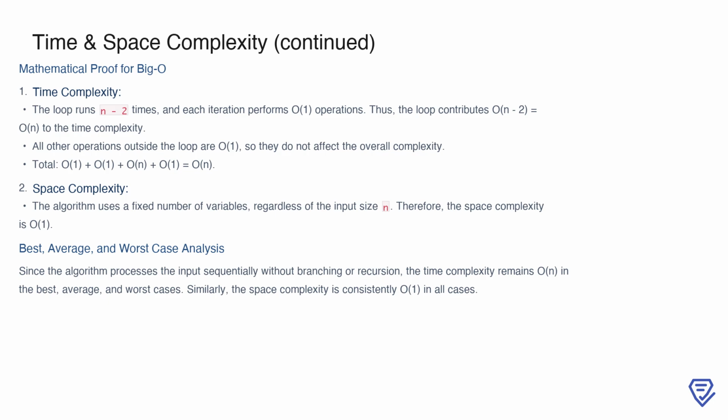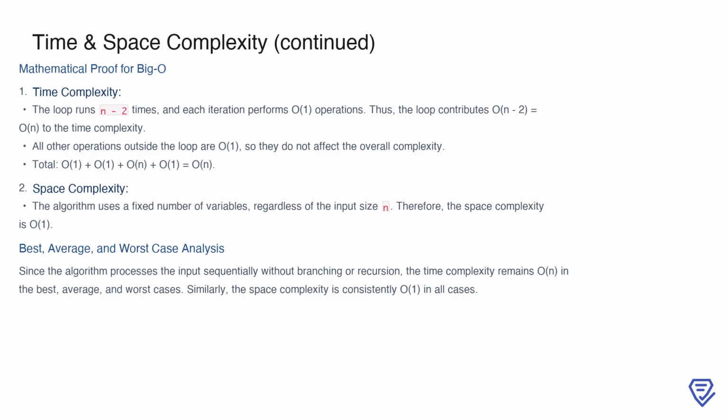For time complexity, the primary driver is the loop, which runs n minus 2 times, with each iteration performing O(1) operations. This gives O(n minus 2), which simplifies to O(n). All other operations in the algorithm, such as initialization and the final return statement, are O(1) and do not influence the overall complexity. Adding these together, the total time complexity is O(1) plus O(1) plus O(n) plus O(1), which simplifies to O(n).